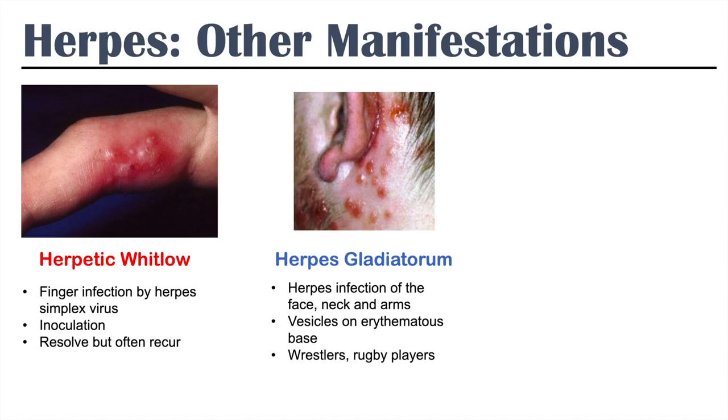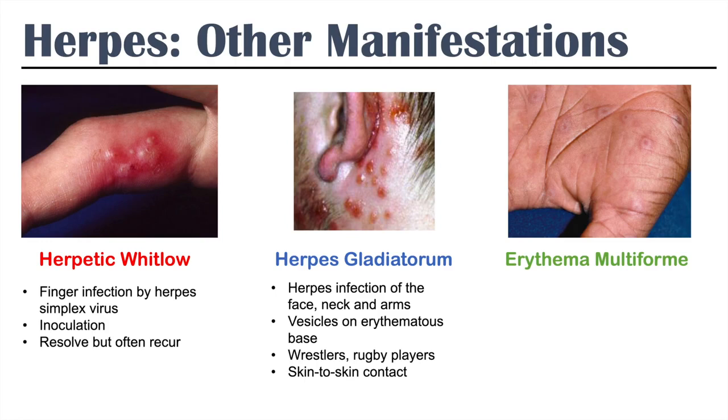Perhaps they struck them in the face, or they had very close contact with someone with herpes up against an area of the face or neck or arm, and that can lead to what we call herpes gladiatorum. And again, this is all due to skin-to-skin contact. So people in physical sports like wrestling and rugby can all get this condition.